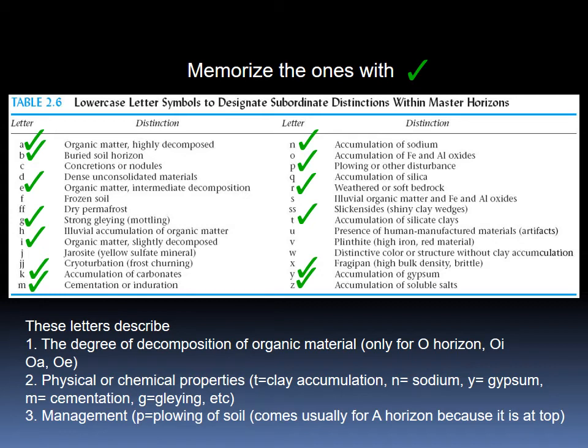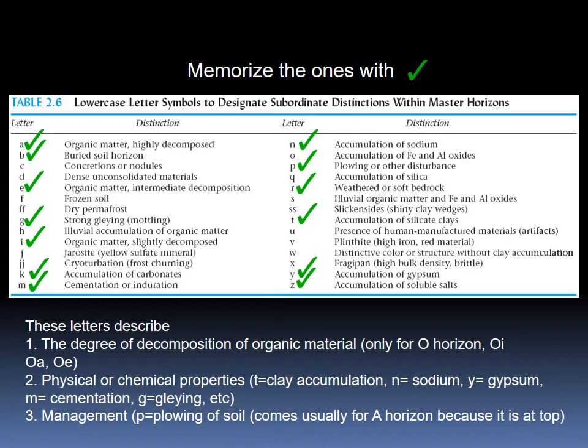So if you look at the O horizon, OI, and go into the table and find I, you will find that I means organic matter slightly decomposed, which means it's an O horizon with slightly decomposed materials. You can distinguish the plant and animal parts.